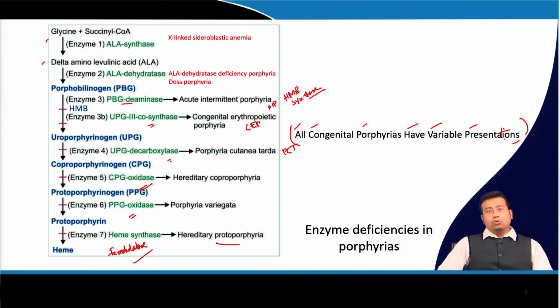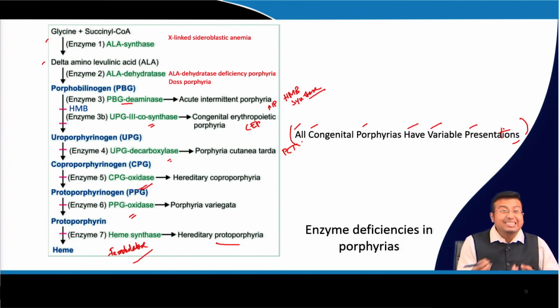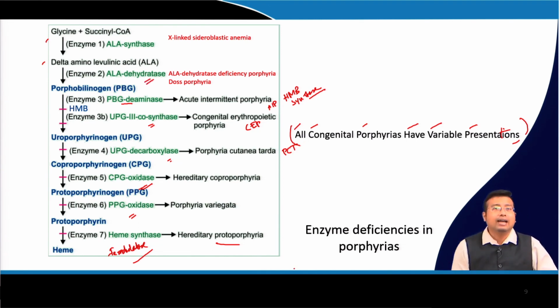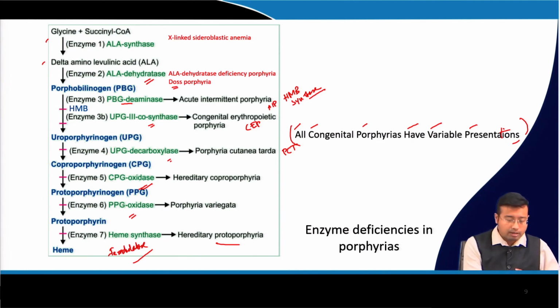The first two enzymes that I did not mention are not that important. These are the ones that are most common, the 6 varieties of porphyria. However, there are two enzymes, the enzyme before hydroxymethylbilane synthase, that is ALA dehydratase. The deficiency of this enzyme leads to ALA dehydratase porphyria or Doss porphyria.